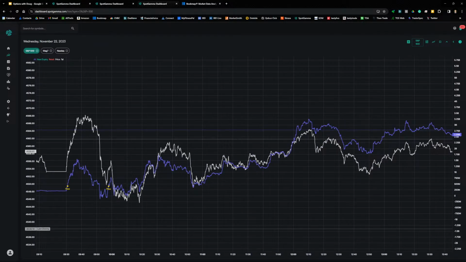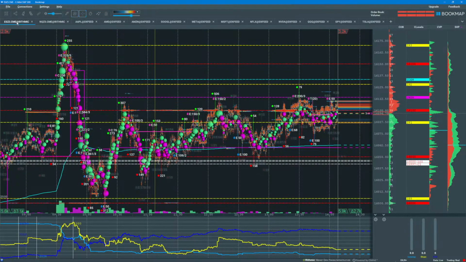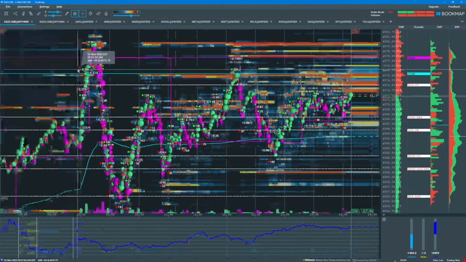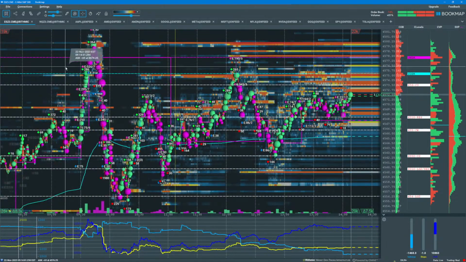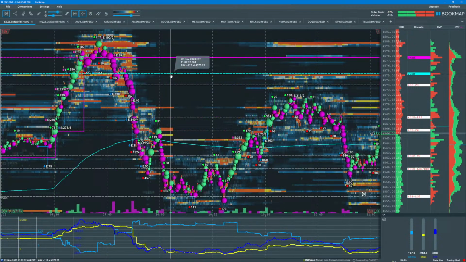All right, let's go take a look at the Bookmap. We'll go back to ES. And Randy asked, are you a day trader, swing trader, or long-term trader, and all of the above?